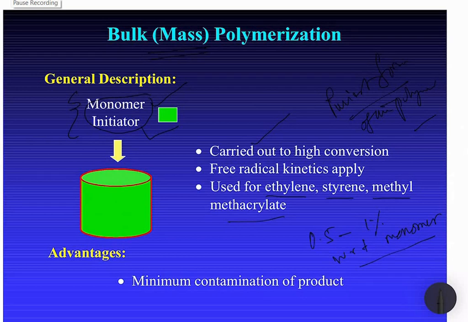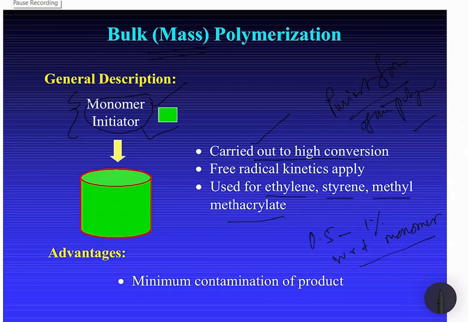Now this polymerization technique, we generally carry out in this bulk mode for high conversion. We aim for high conversion, but actually we encounter a lot of problems in it if we want to go for high conversion, and that I will mention.